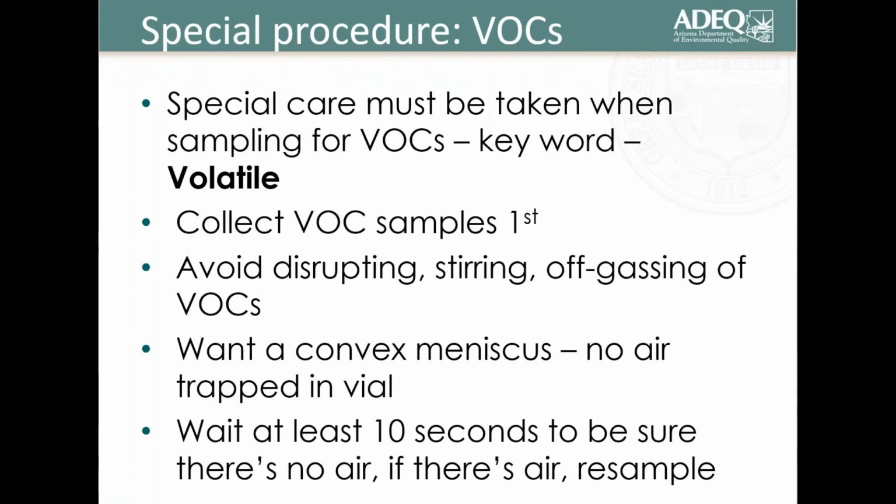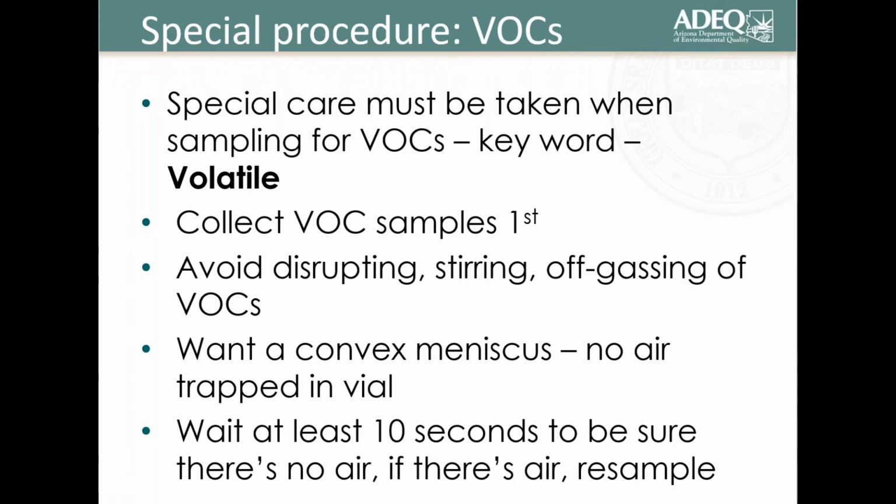And so we would take our tubing and minimize the amount of disruption and get that water into the vial without disrupting it, and then no air. The procedure is you get your groundwater in that vial, get it all the way full to a convex meniscus, close the cap, and then wait at least 10 seconds to make sure that there's no air developing at the top.